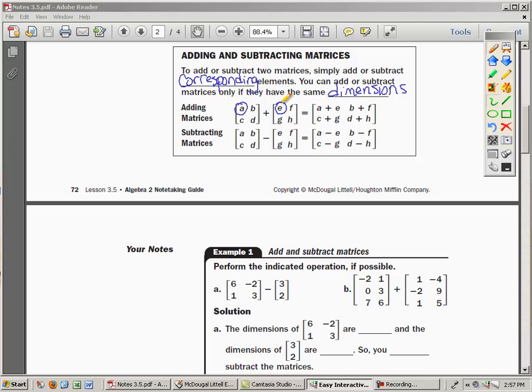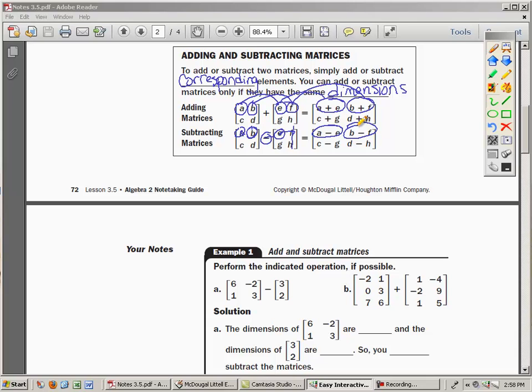So A plus E is going to be equal to the first entry in the new matrix. B plus F is going to be equal to this entry here, and so on and so forth. Subtracting works the same way. A minus E is A minus E, so the first row, first column is the result of subtracting the first row, first column of one matrix from the first row, first column of the other. And so on and so forth.